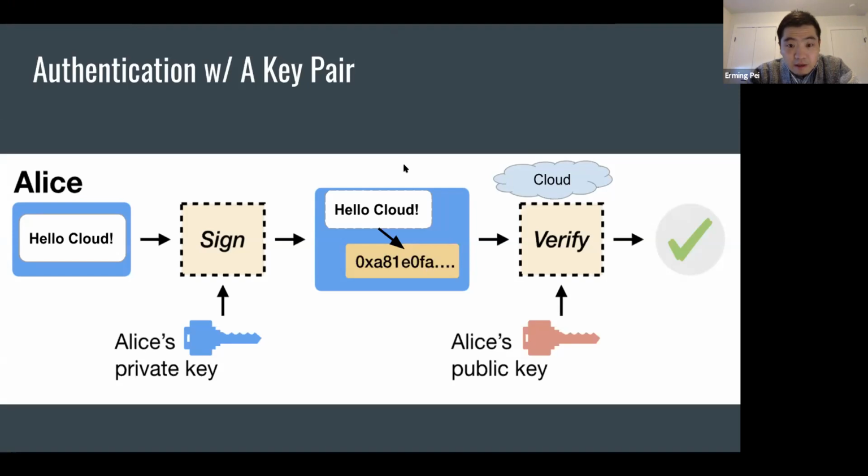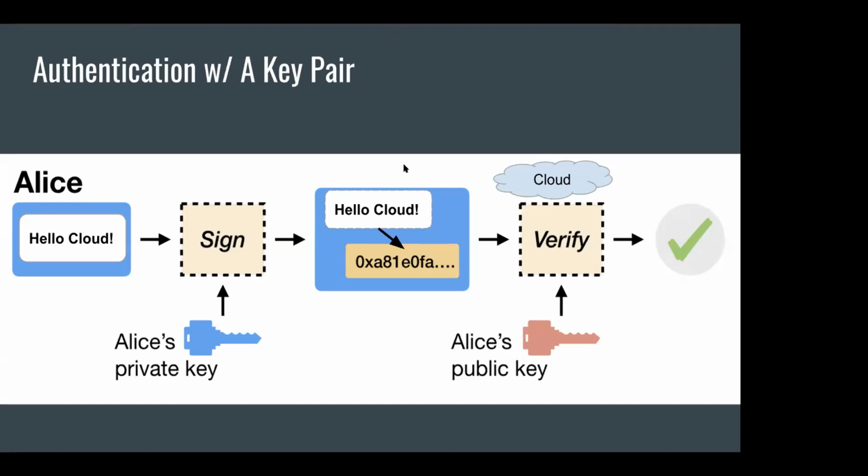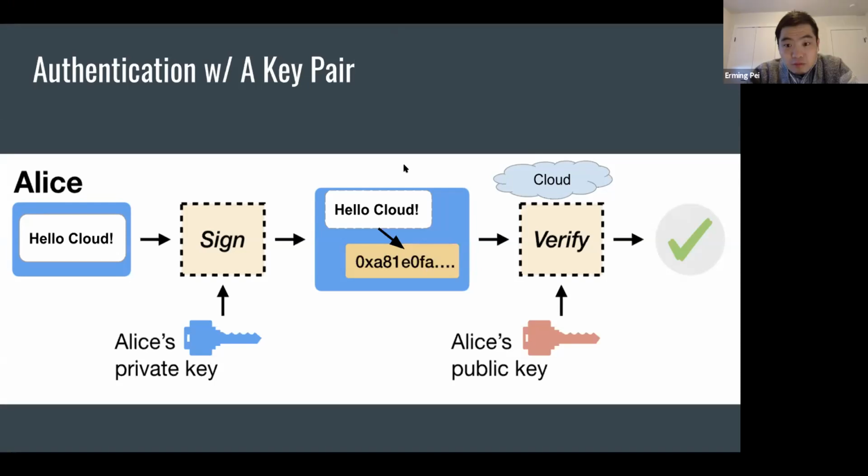In between, the message will be encrypted, so it's not plain text, just code like that. At the cloud end, we use the public key to decrypt the message.